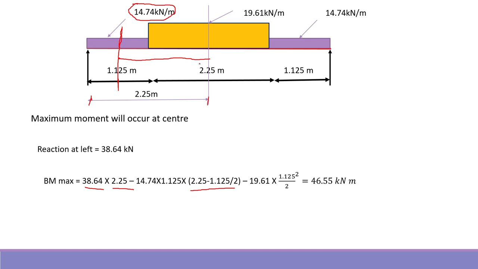And next, the 19.625, which is this portion from here up to this, will act over 1.125, which is this distance.